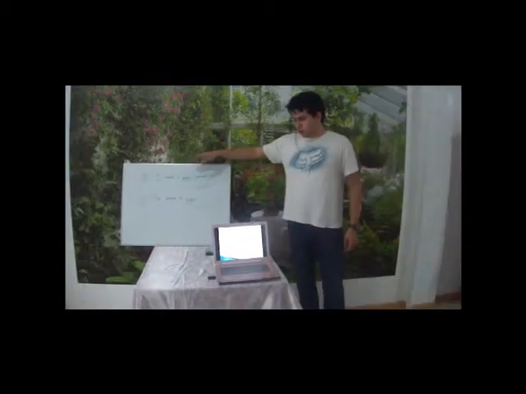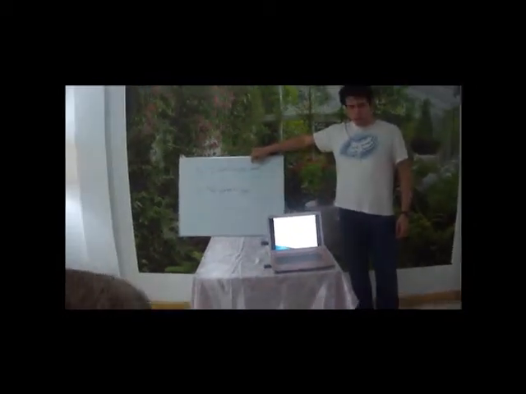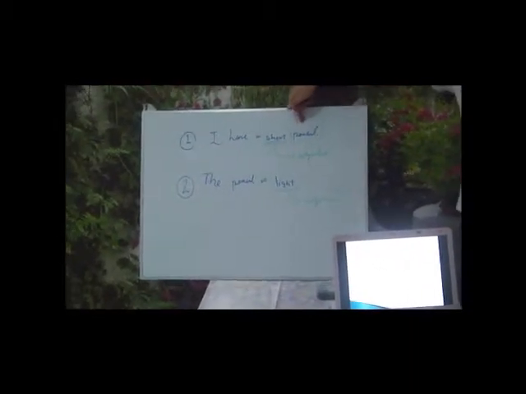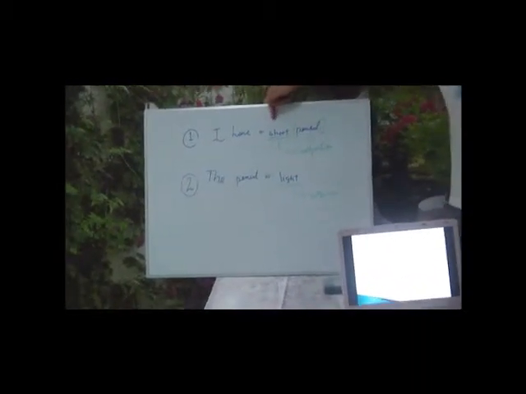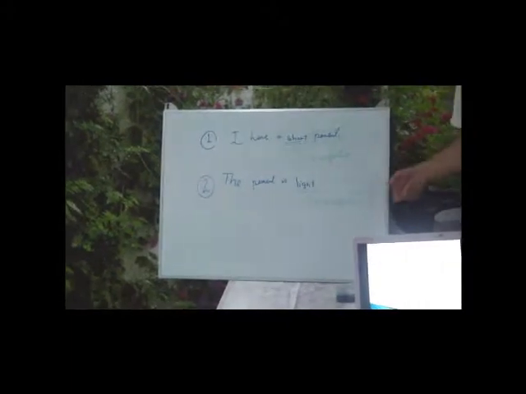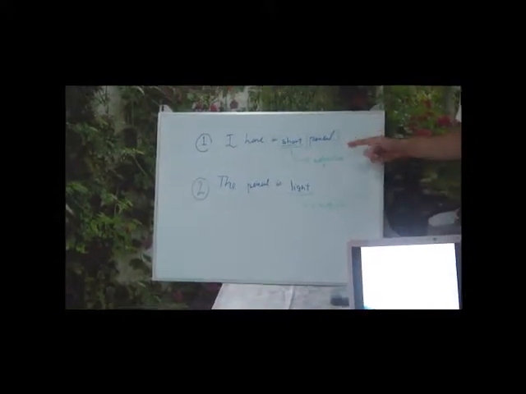So right here on the whiteboard, we're going to talk about two types of sentences regarding adjectives. In the first one, I have a short pencil. Say with me, I have a short pencil. Diana, please repeat. And the second one, the pencil is light.